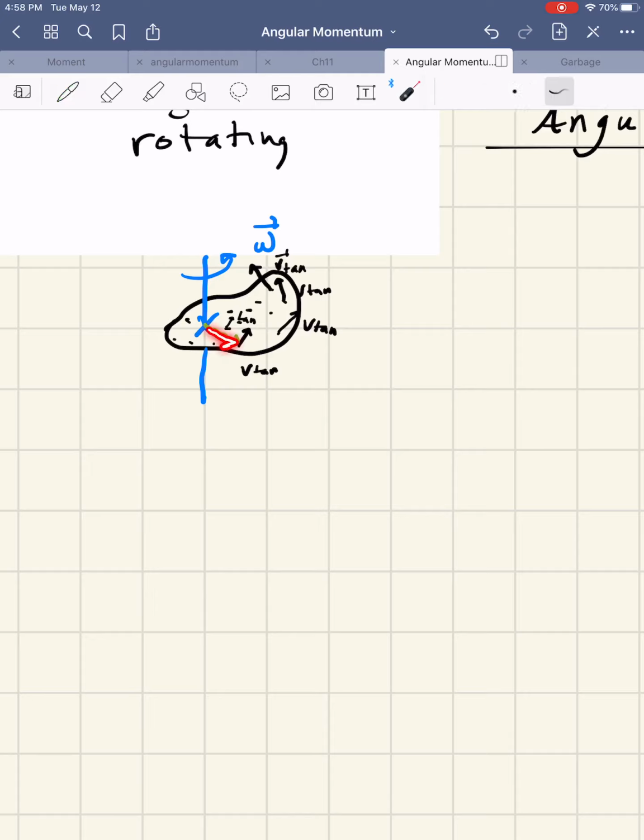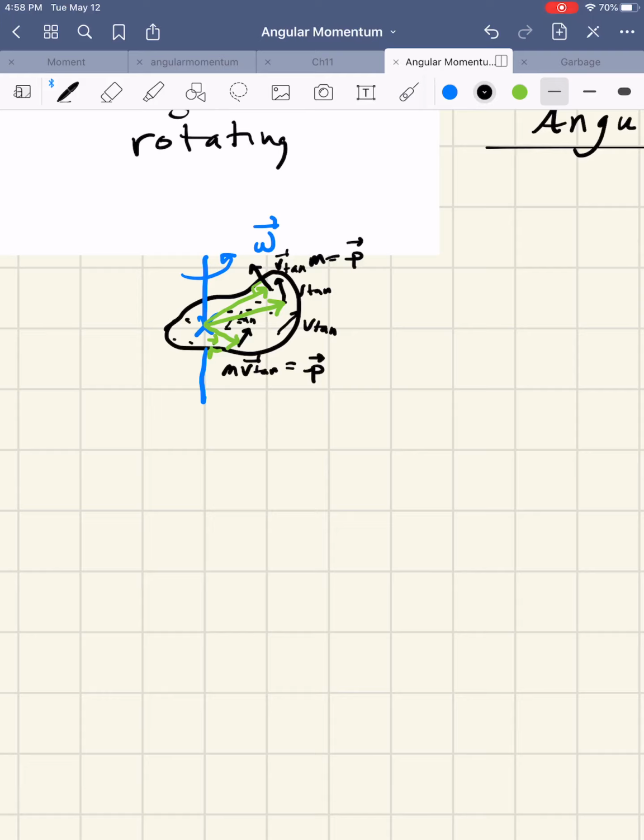So this green arrow is their r vector, and this would be their tangential velocity, and it's directly related to m times v vector, which is just their linear momentum. I may not have drawn this too great, but each one of these has a different r vector and a different tangential velocity, but they're always perpendicular with respect to one another. And that tangential velocity really does represent the linear momentum of the system.